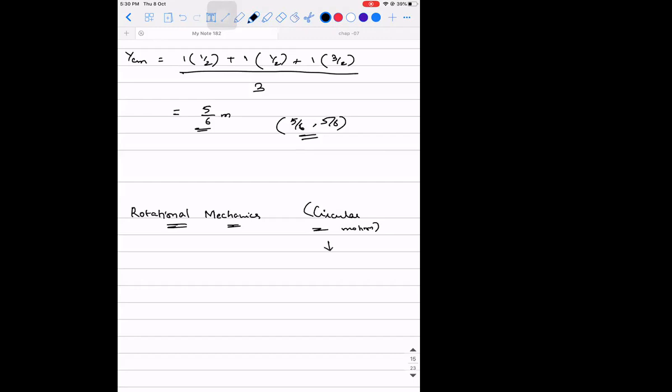So what happens in circular motion is, when you talk about a particle which is moving in a circular motion, the first and foremost point to be known is, say for example, we would have discussed a car which is moving in a circular motion. So car, does it have a finite size or is it a point sized object?